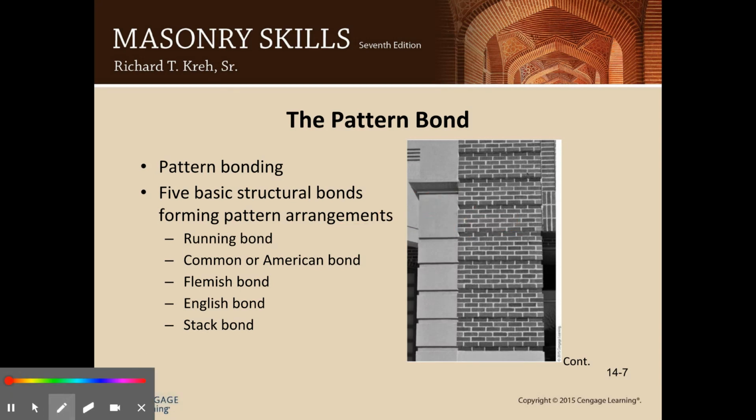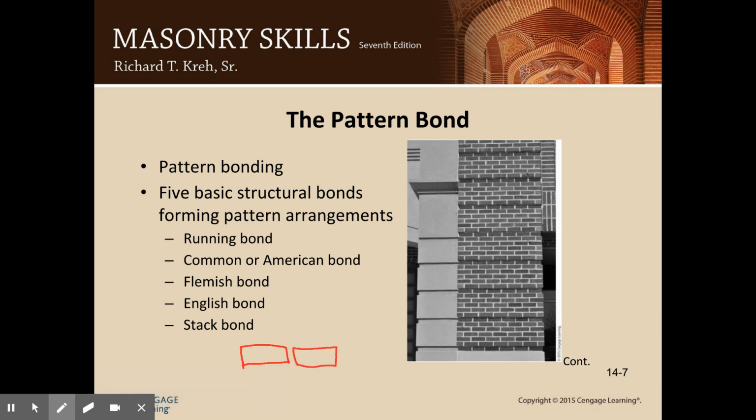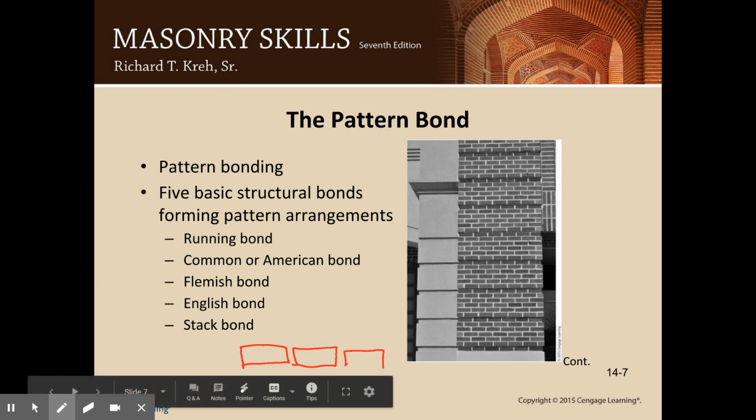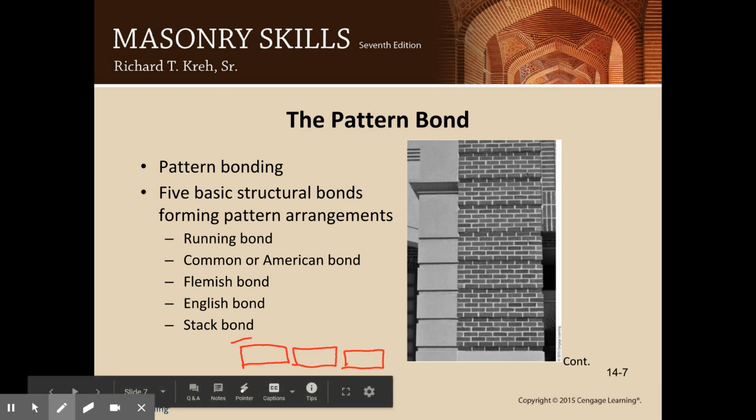Your common bond, or referred to as an American bond, is a little different. It's just a variation of the running bond. So instead of them going in halfway, usually around every 6 courses, your brick will be turned inside like that.